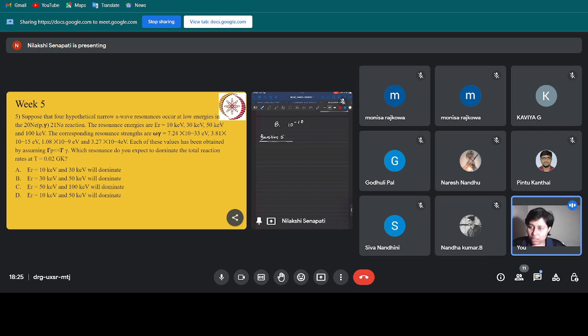The corresponding resonance strengths are omega gamma equal to this, and this. Each of these values has been obtained by assuming capital gamma P less than capital gamma gamma. So, which resonance do you expect to dominate the total reaction rates at T equal to 0.02 gigakelvin?